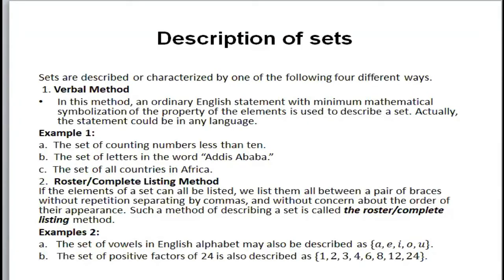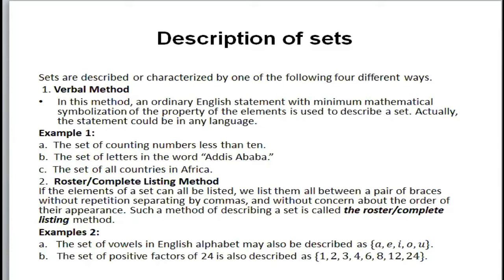So the first one is the verbal method. Without using brace, we can describe a given set verbally. Like the set of counting numbers less than 10. Look, the set of counting numbers, that means the set of natural numbers less than 10. Without using brace, I can describe it verbally.